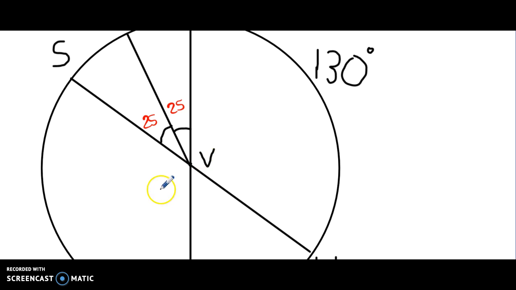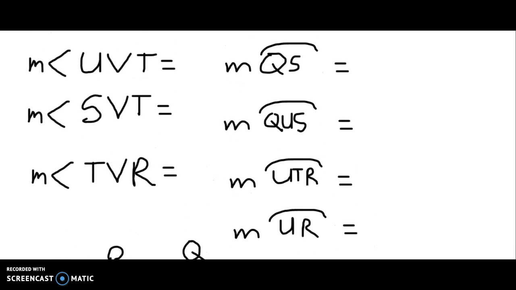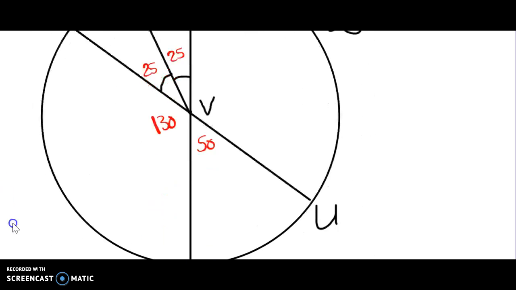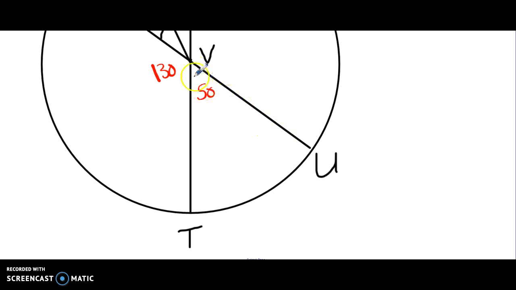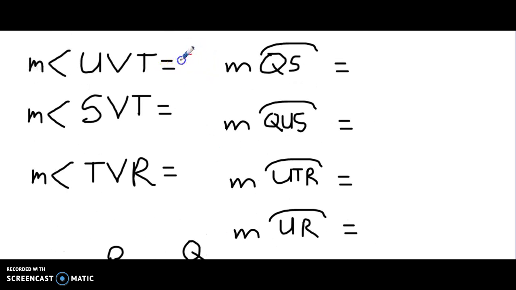These here are vertical, so this is 130. This whole angle here is vertical to this, so that's going to be 50. If we're looking for angle UVT, angle UVT, UVT is here, so that's 50 degrees.